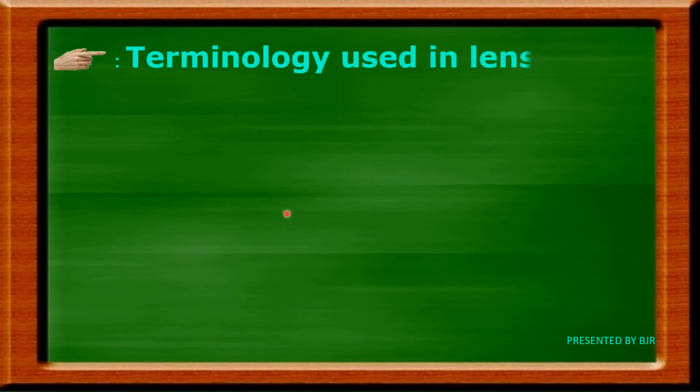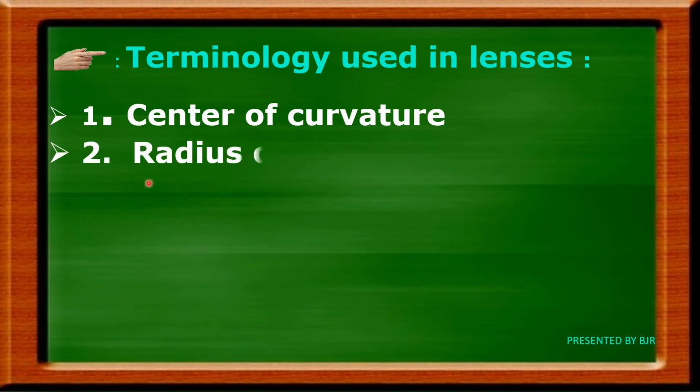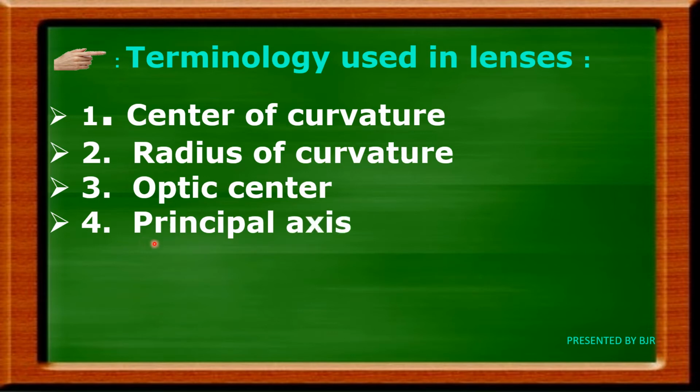We have specific terminology related to lenses. Let us learn the terminology used in lenses. The terminology used in lenses is: first one, center of curvature; second one, radius of curvature; third one, optic center; and fourth one, principal axis.